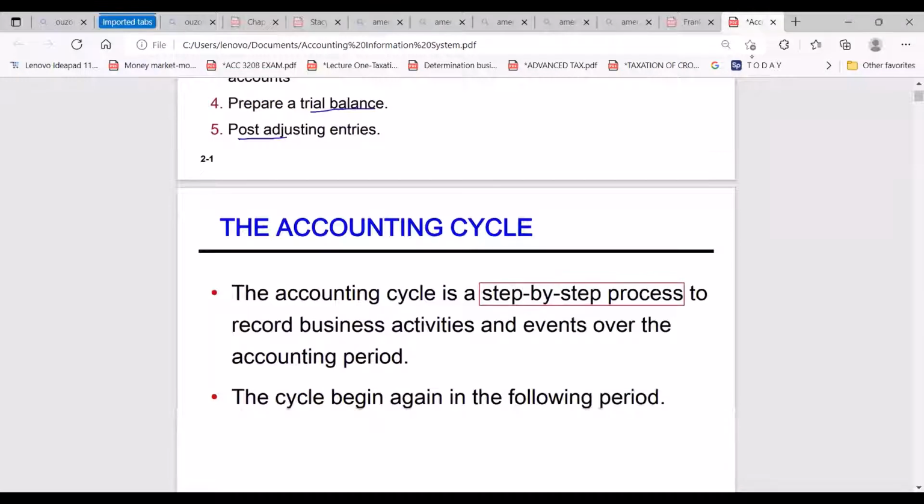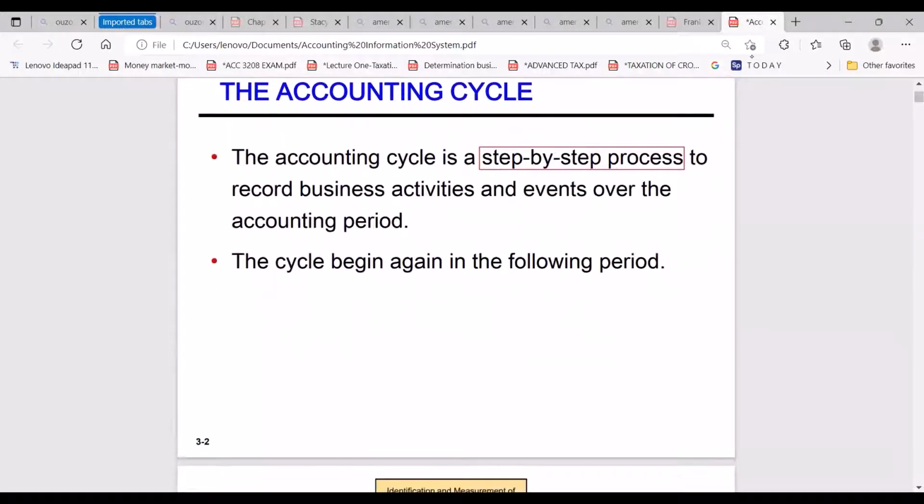I'll start by explaining what the accounting cycle is. The accounting cycle is a step-by-step process to record business transaction activities and events over the accounting period.